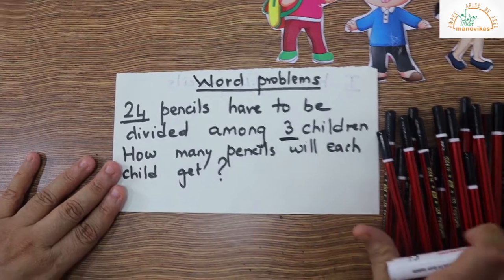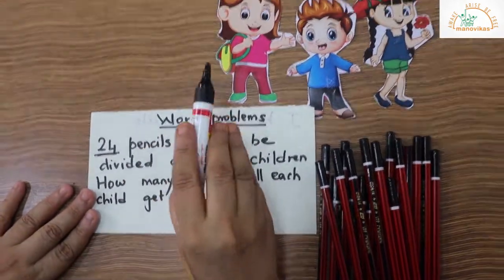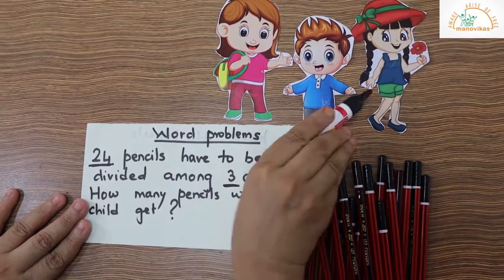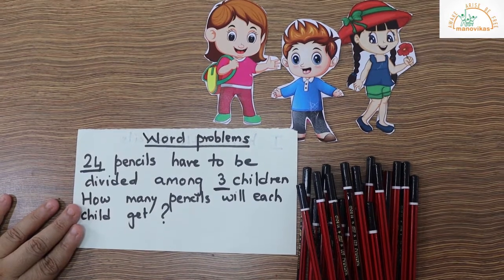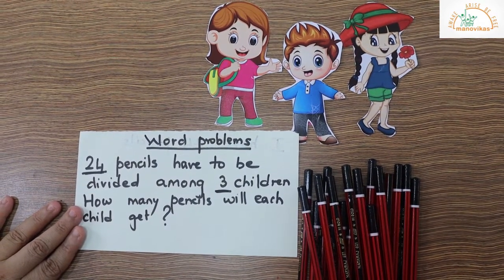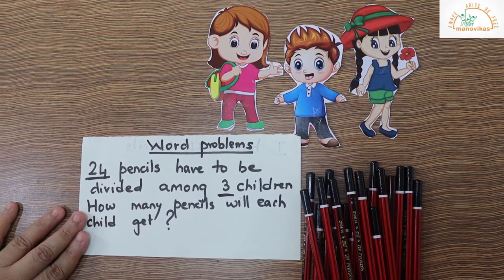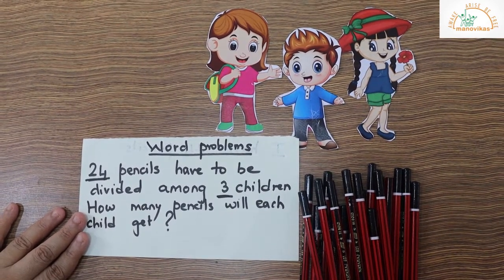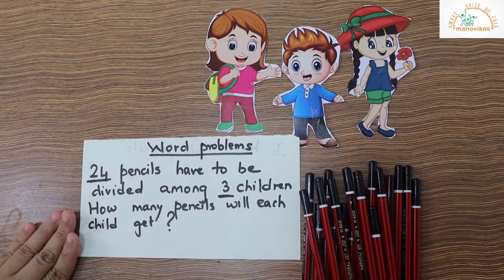Here, I have 24 pencils which have to be divided equally among these 3 children. That we will find out by solving the word problem and applying the concept of division. Let us see how to do it.